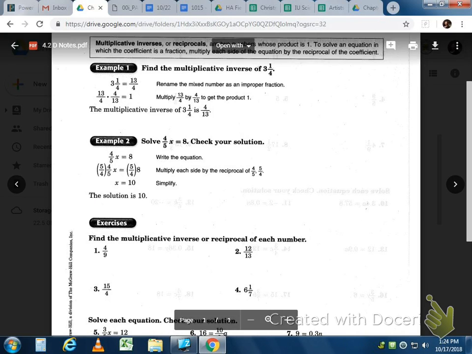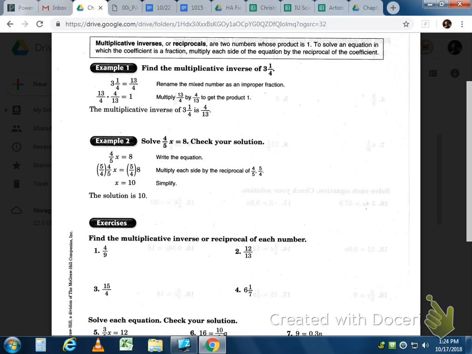This is a one-step equation, just like we were just doing in the lesson 4.1D. This 4/5 x equals 8. Well, here's the thing. 4/5 x, that is a multiplication. And the other day when we had a multiplication, we divided both sides by that number, but you don't really divide fractions, do you?